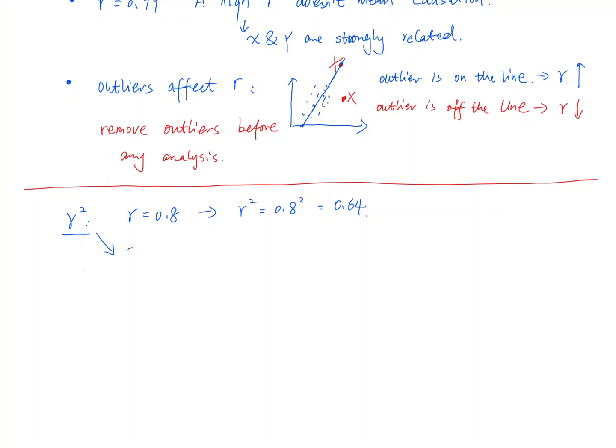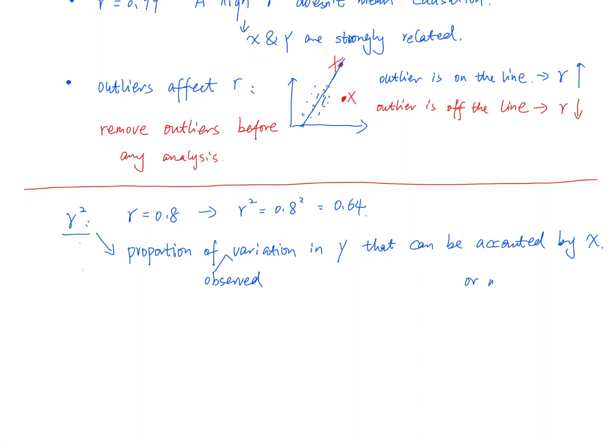It shows the proportion of variation in Y, actually the observed variation in Y, that can be accounted for by X, or by modeling of X. So here, what does that mean?